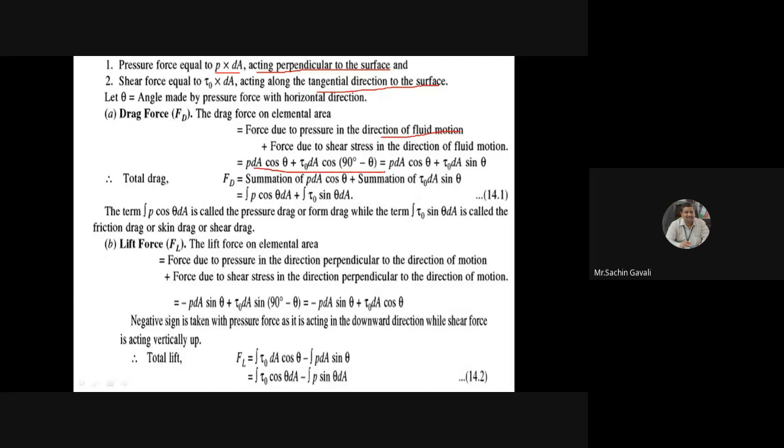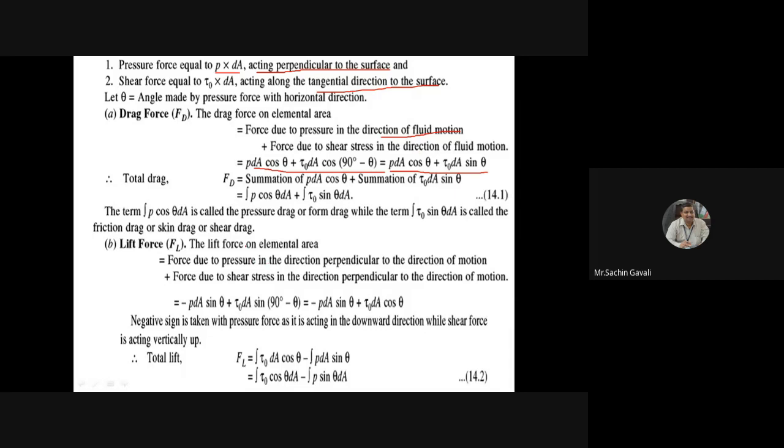Mathematically, cos 90 minus theta is equal to sin theta. Therefore, PDA cos theta plus tau naught dA cos 90 minus theta is equal to PDA cos theta plus tau dA sin theta. So this is the drag force acting on the elemental area.